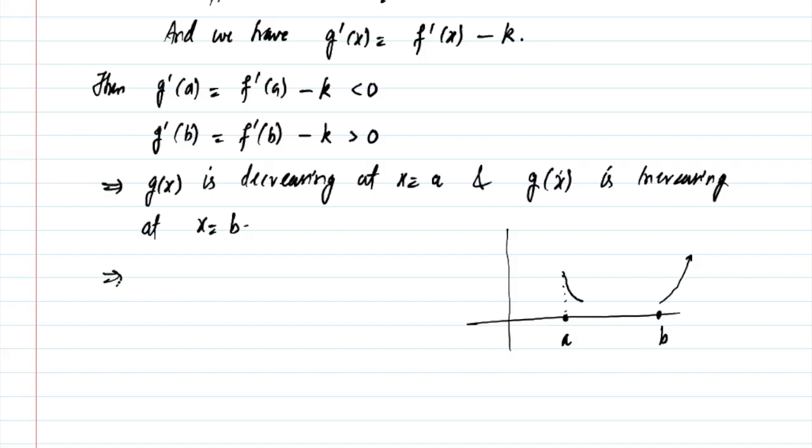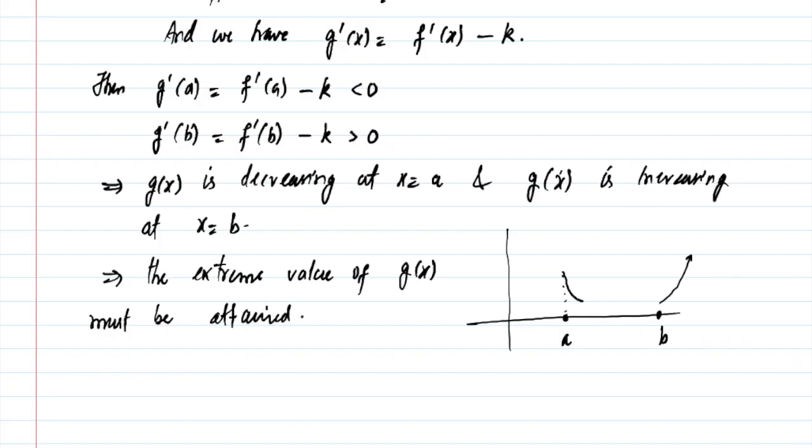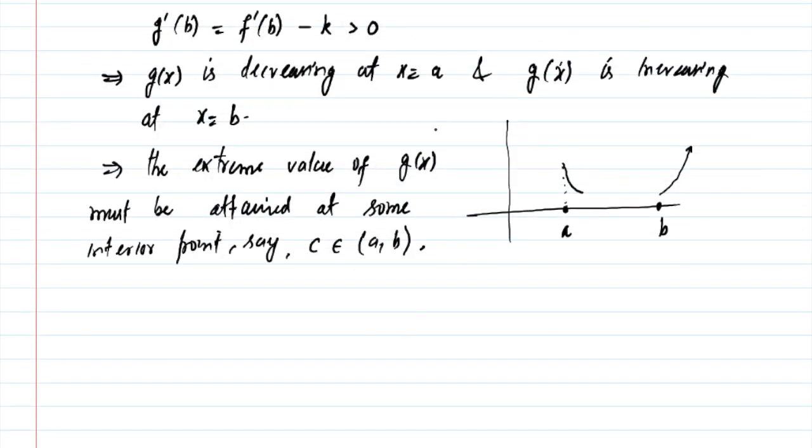So this means the extreme value of g of x must be attained at some interior point, say c, which belongs to the open interval a b. So we have a point c in the open interval a b at which g of x will attain its maximum value, or in fact also the minimum value.